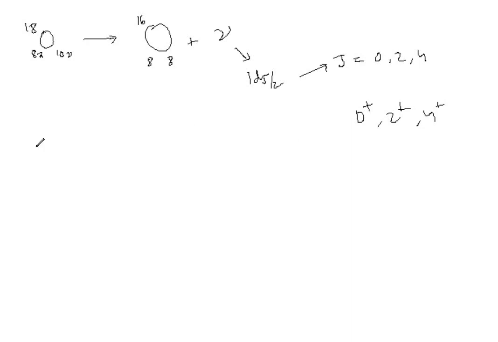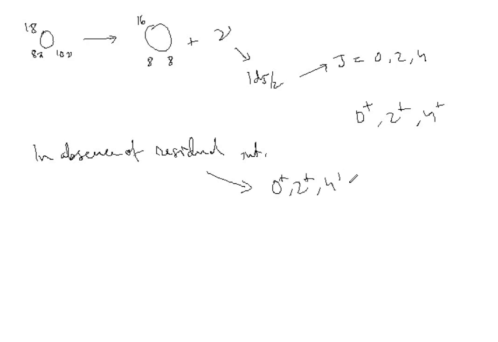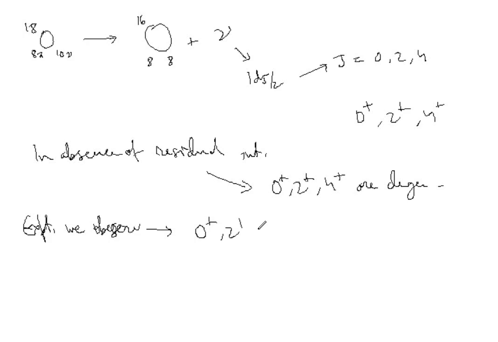Now in absence of residual interaction, the 0 plus, 2 plus, 4 plus states are degenerate. They are the same energy. But experimentally, we observe 0 plus, 2 plus, 4 plus at different energies.